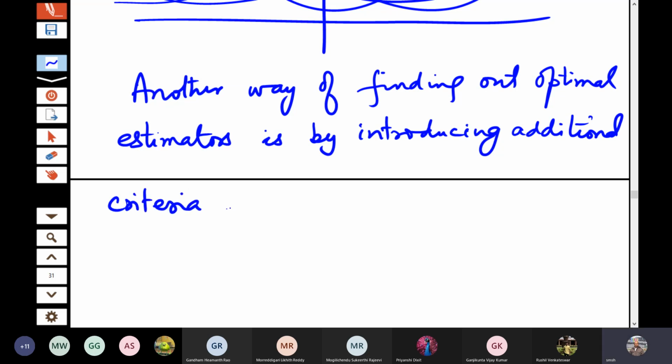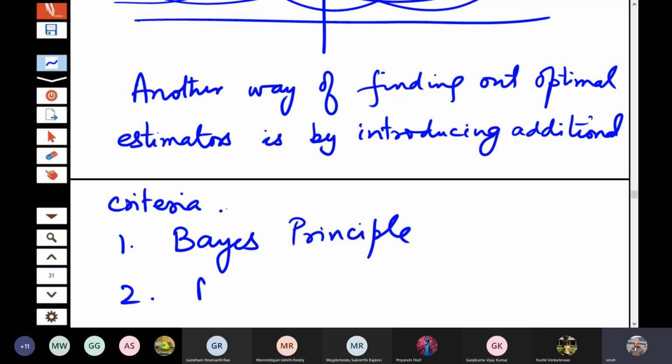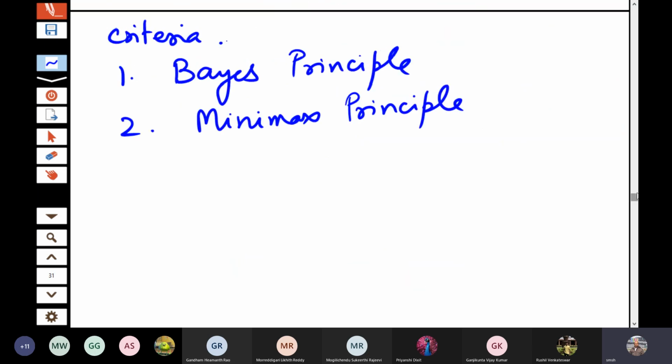Okay, so I will give you two criteria. One is the so-called Bayes principle, and second is the minimax principle. Let me explain these principles, what they mean, and then how they are implemented. So let us firstly consider the Bayes principle.